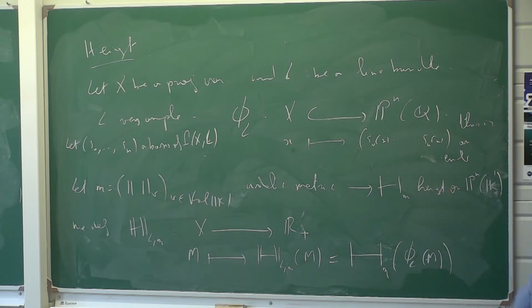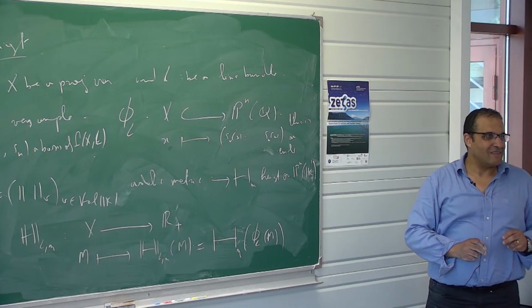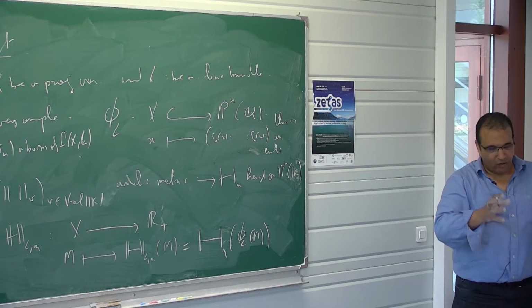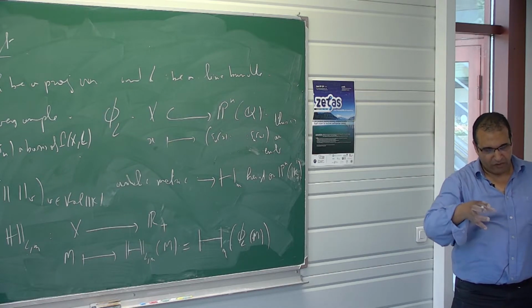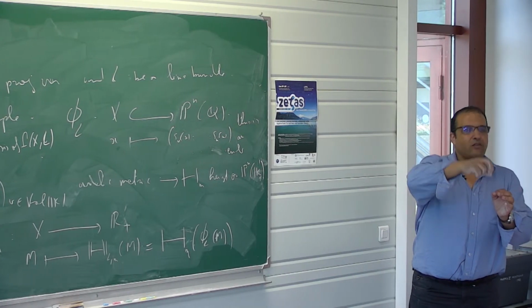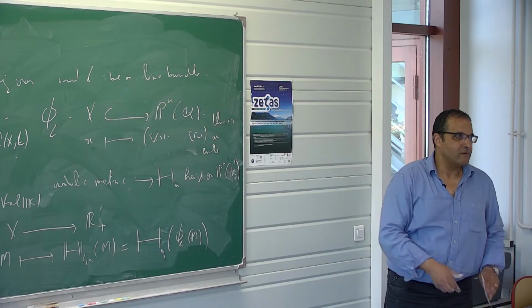What do you mean by cone? The cone generated by the effective divisors. You have to be in the interior of the cone. The cone is generated by the classes of the effective divisors, and the class of the bundle must be in the interior of this cone, not on the boundary.